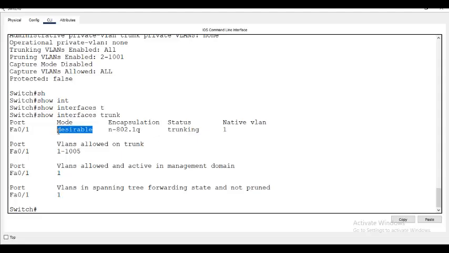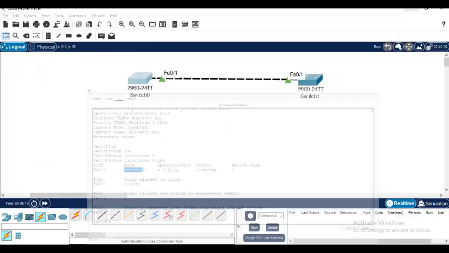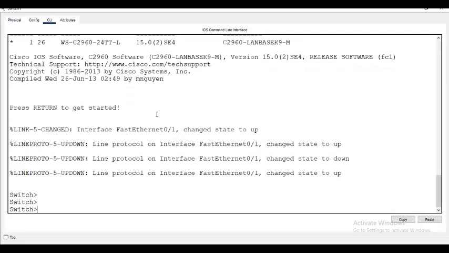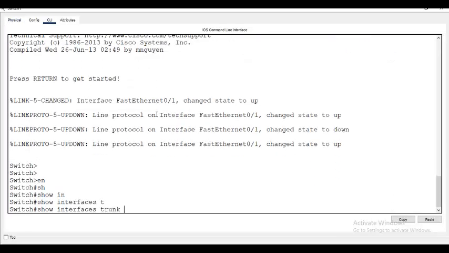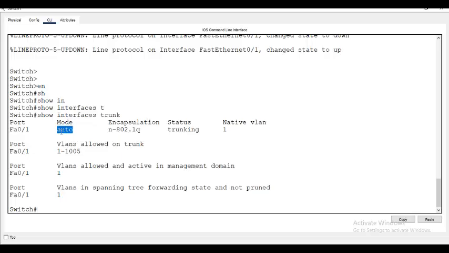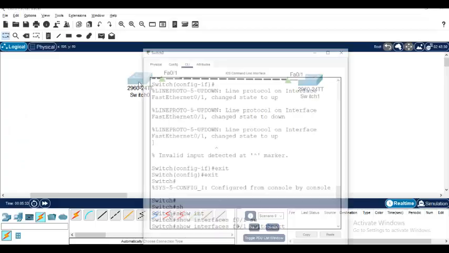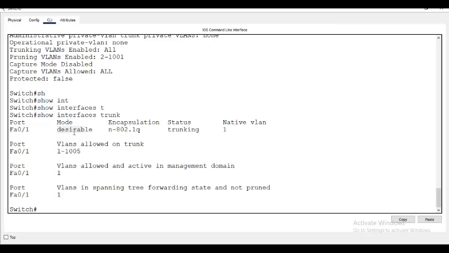Let's try seeing that. Let's try doing that. I'll take a fresh switch. I don't want to alter and get stuck for a long time. So now this I'm going to administratively configure as access.